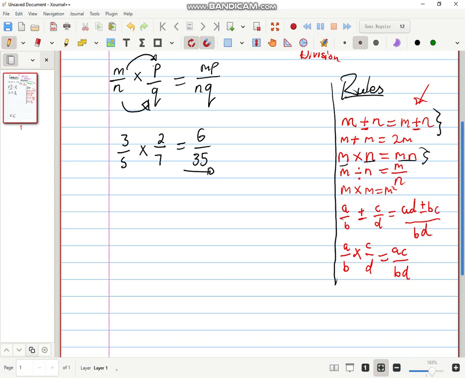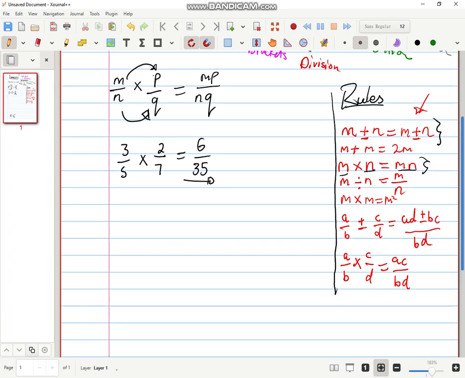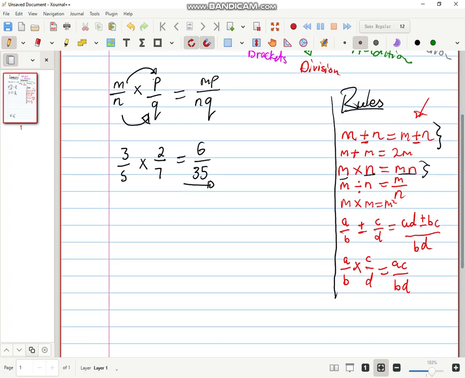So the last one that we have, if you can guess, is if we have a all over b divided by c all over d, right?